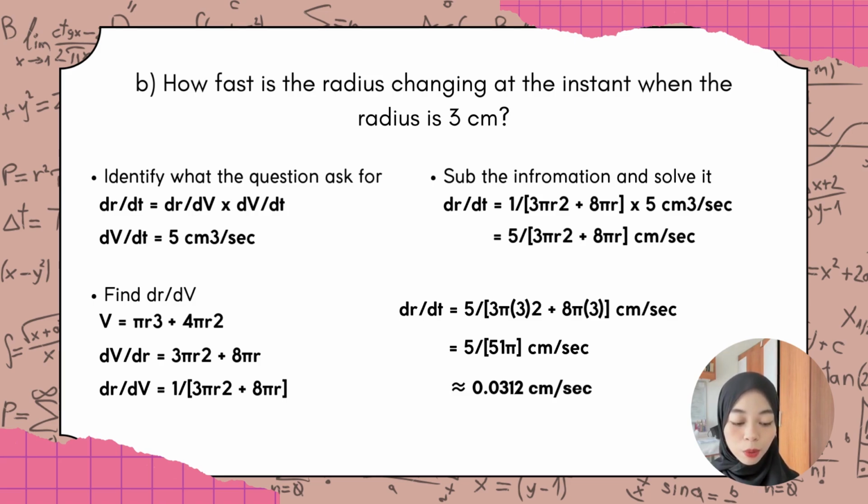And then we fill in more information: dr over dt equal 5 over parenthesis 3 pi r, we replace r with 3 and multiply it with 2, plus 8 pi r, we replace r with 3 and put parenthesis, and don't forget to write centimeter per second. After that step, we get the final answer of 0.0312 centimeter per second.